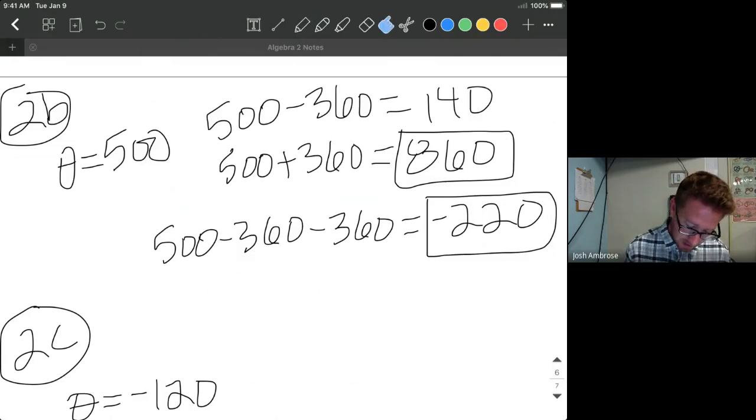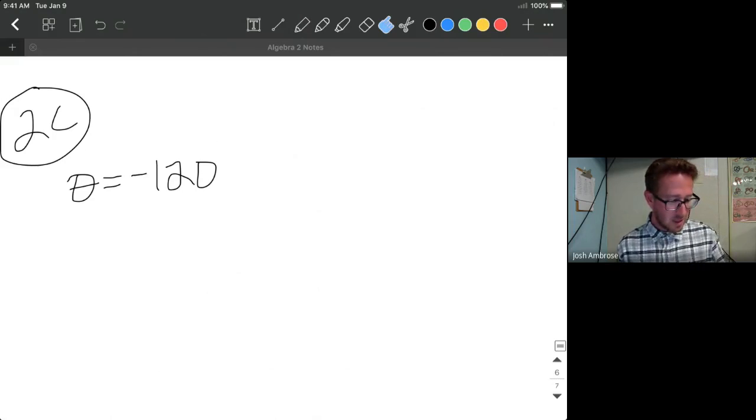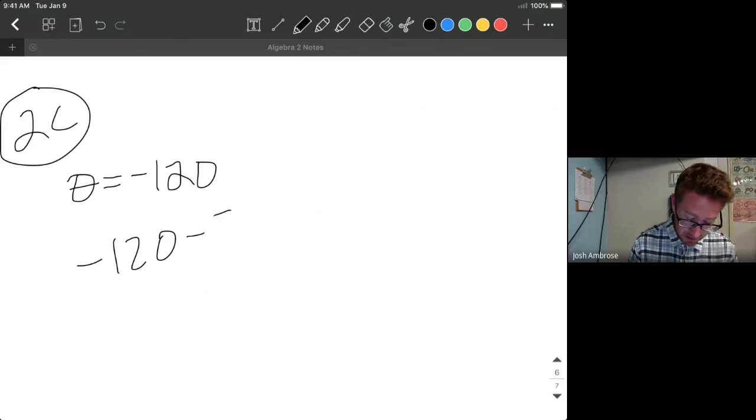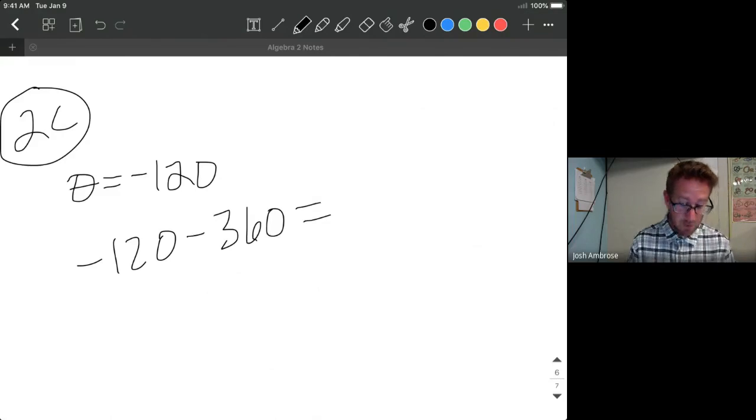All right, so let's move it down. 2C, we have a negative 120. So we're in the negatives, all right? So if we were to take a negative 120 and subtract 360 from it, we're going to still be in the negatives. That's fine. Negative 480.